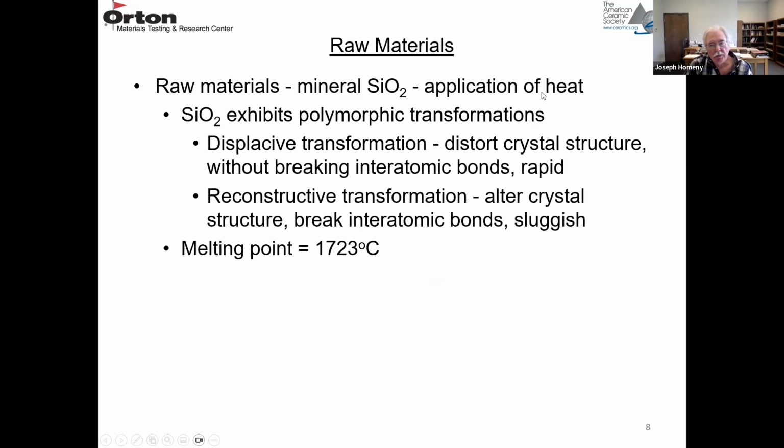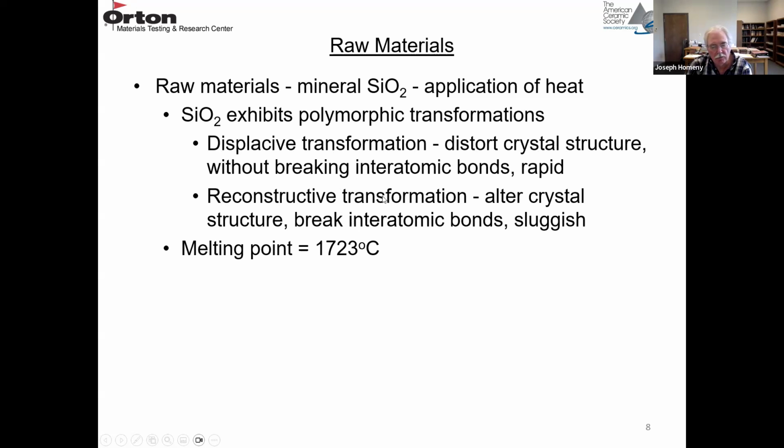So when you apply heat to quartz, the silica exhibits these polymorphic transformations, and we mentioned a displacive transformation and a reconstructive transformation. So again, in a displacive transformation, you're just distorting the crystal structure, you're not breaking atomic bonds, and it's a very rapid transformation.